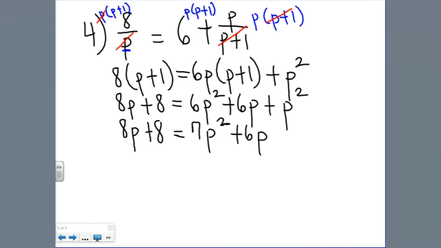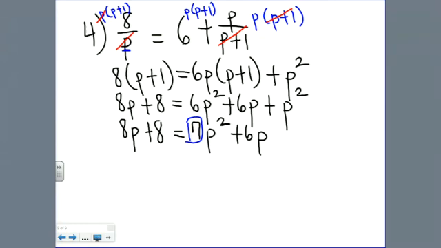Now, we need to get our quadratic equation in standard form, so that means all of our terms go on one side and 0 on the other side. And 0 can be on the left or the right-hand side, it does not matter. But since our leading coefficient is positive, then it's a good idea to move everything to the right-hand side.